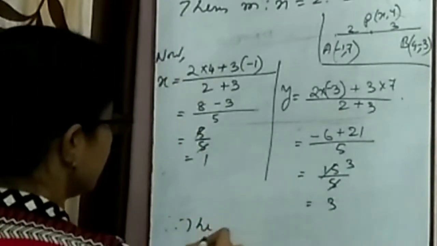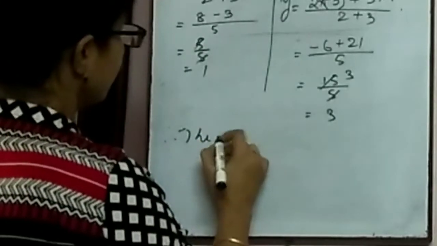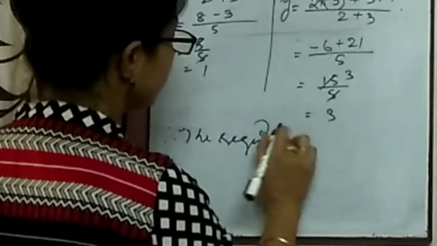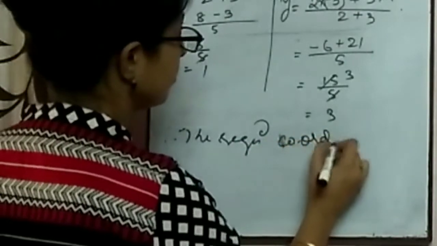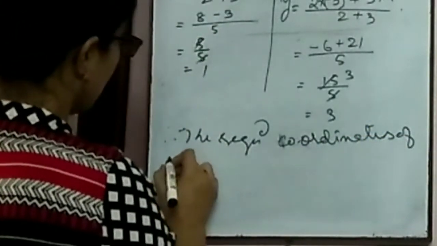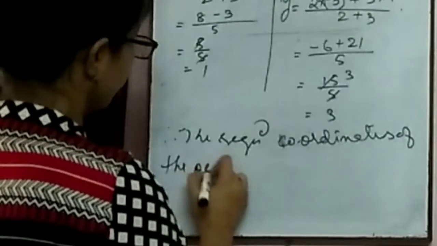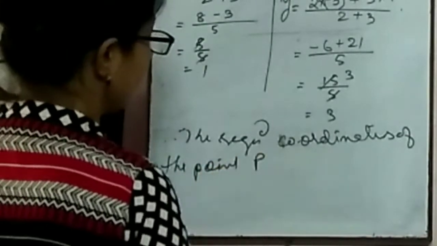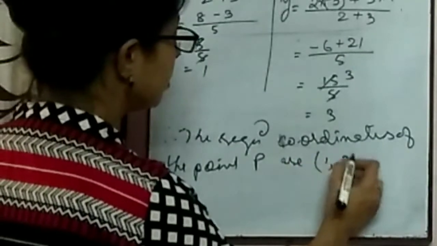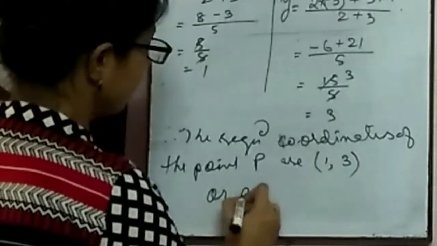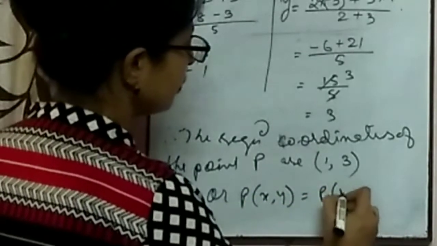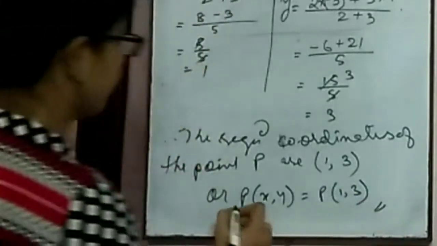Therefore the required coordinates of the point P are (1, 3), or you can write P(x, y) is equal to (1, 3), this way also you can say.